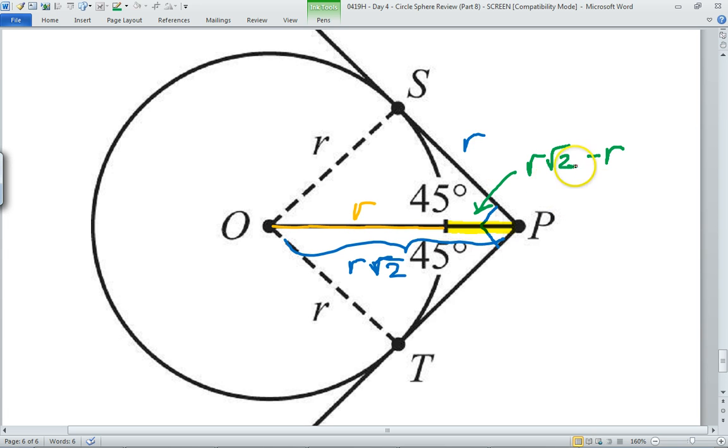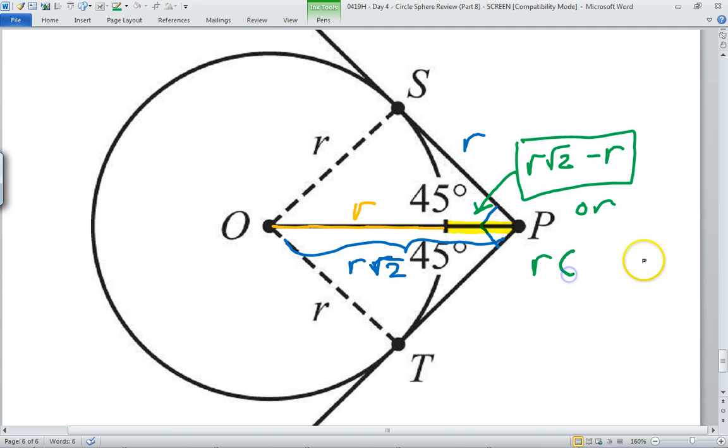I mean, if this were a multiple choice test, they will either write the answer in this form, or there's one other thing they could do. Do you see a common factor between these two terms? A GCF, if you will? Maybe you're noticing that r itself is a common factor. So you should be ready for this, just in case.